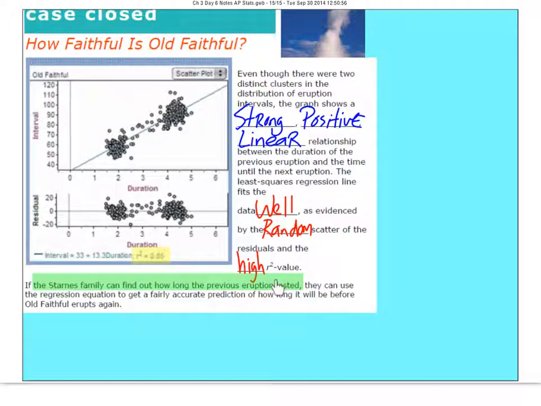So it does look like there's a linear pattern. So why doesn't the Starnes family find out how long the previous eruption lasted, put that into the duration, and use the model to predict how long they should wait until the next eruption takes place. So for them, chapter 3 would have been a great chapter to know when they went to go see Old Faithful.